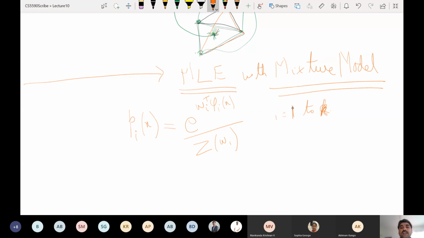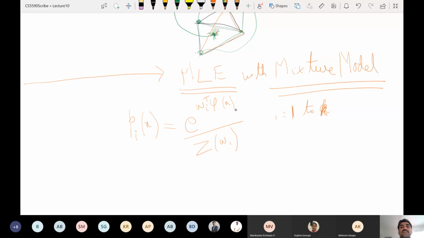Maybe the first component is a Gaussian distribution, the second is an exponential distribution, the third is some gamma distribution, and so on. But typically in a mixture model, to simplify things, let me assume that all the components belong to the same model. Not only do they belong to the exponential family, they belong to the same model.